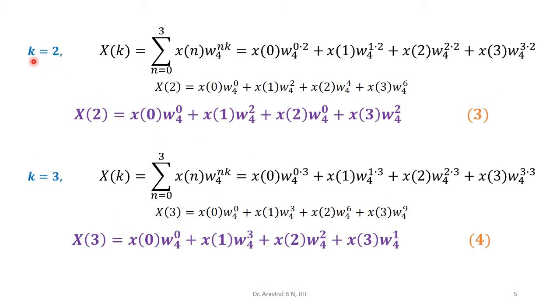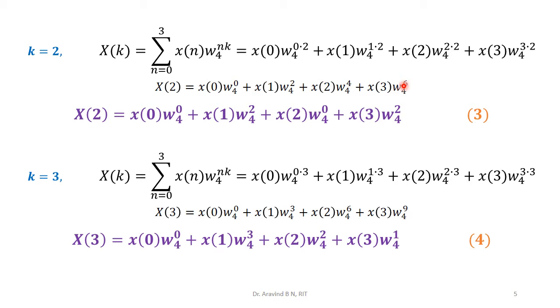In continuation, for k equal to 2 we are going to calculate. For that we are going to get this expression after partial simplification. X of 2 is equal to x of 0 omega 4 power 0 plus x of 1 omega 4 power 2 plus x of 2 omega 4 power 4 plus x of 3 omega 4 power 6.